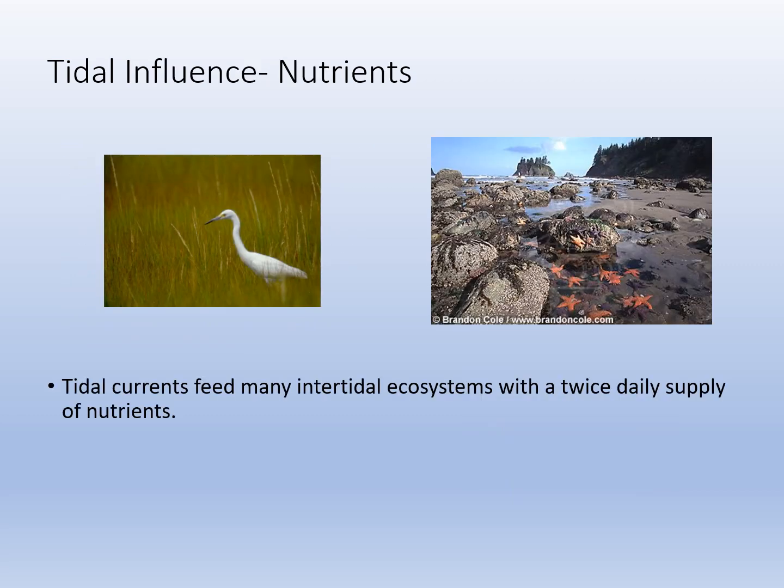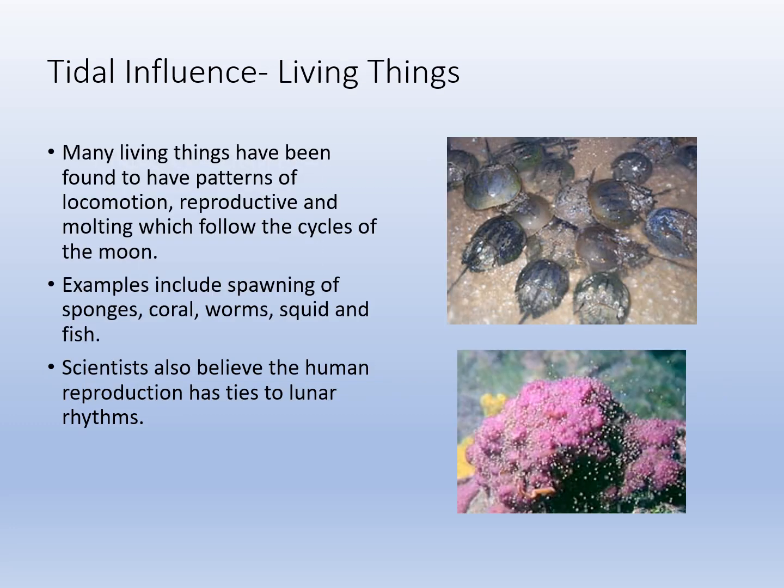Salt marshes and tide pools are unique habitats caused by tides, and they get nutrients flushed in and flushed out by the tides. So living things feed, reproduce, and basically conduct their lives on tidal cycles. Their activities are influenced by the tides.